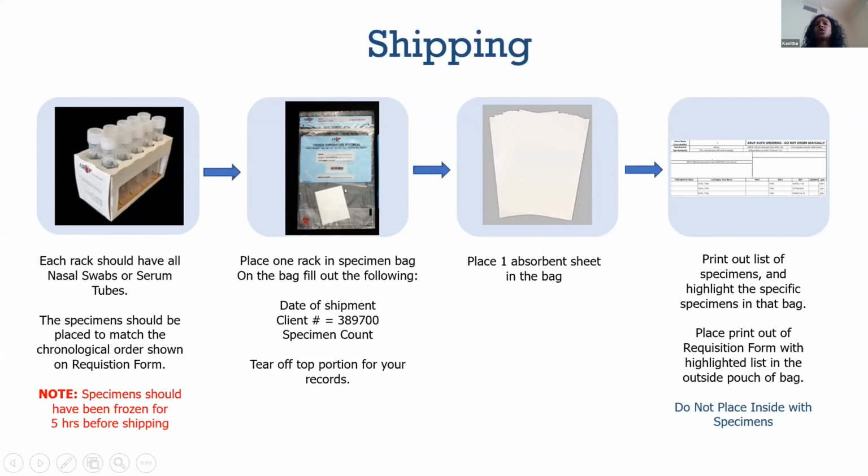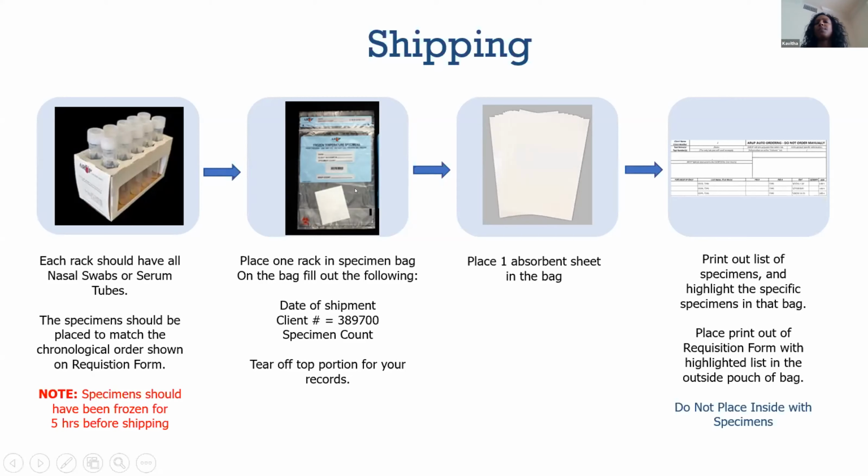You're going to place one absorbent sheet in the bag, and then you're going to print this list. If you have 3 bags with 10 samples of nasal swabs each, and this list has 30 in it, before you put it in each bag, I would highlight the 10 that are in the specific bag and put that list in the bag.